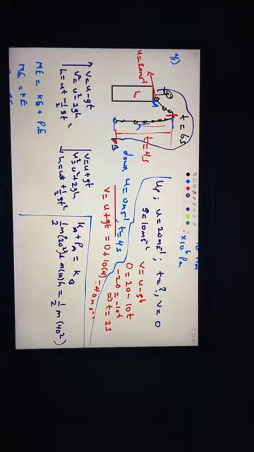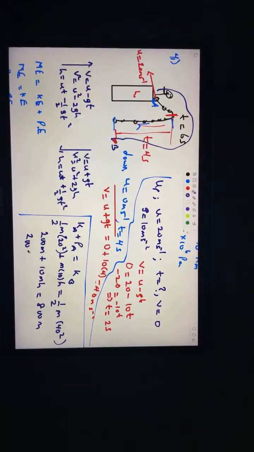So if you do this very well, 20 squared is 400. 400 over 2 is 200. So that's 200 m plus 10 mh equals 40 squared, which is 1600, so that's 800 m. What you notice here is that m is common, so I can have 200 plus 10h times m equals 800 m.